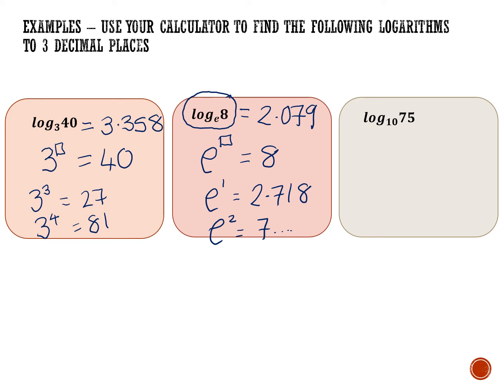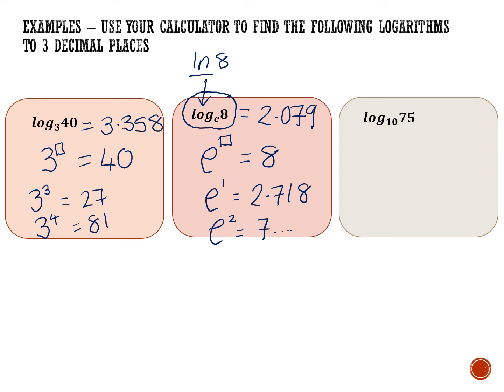Now, because it is so special, this log to the base e is actually given its own name, and it's called ln. So if you have a look on your calculator, just to the right of the log to the base something button is a button that says ln. If you type in ln of 8, you'll notice you get exactly the same answer as what we've written down here. So we never use log to the base e, we always call that ln. So that's something useful to remember.